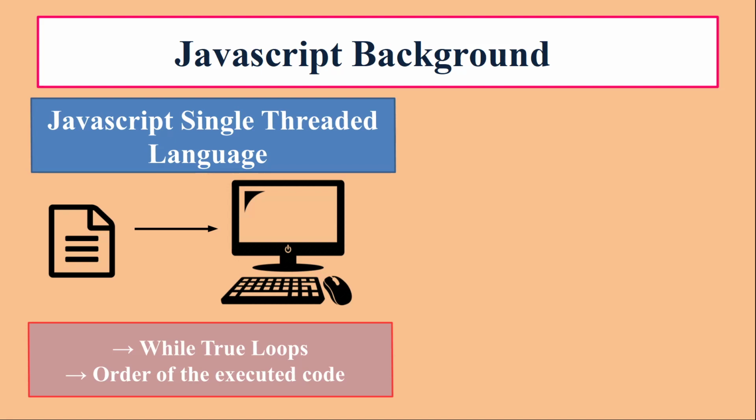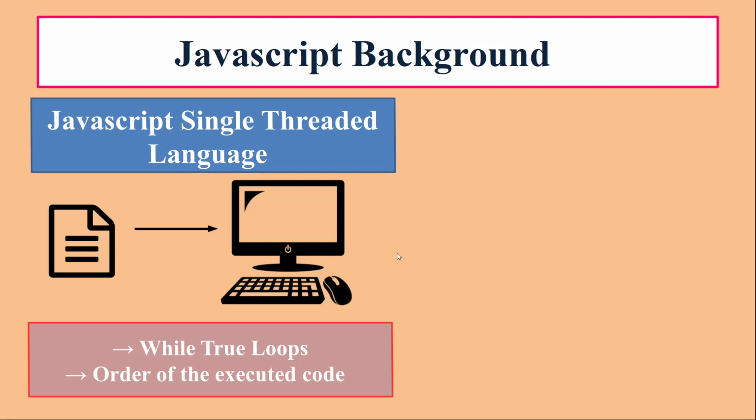However, if it only does line by line and code by code, how come sometimes you see code that's executed in a slightly different order than top to bottom?